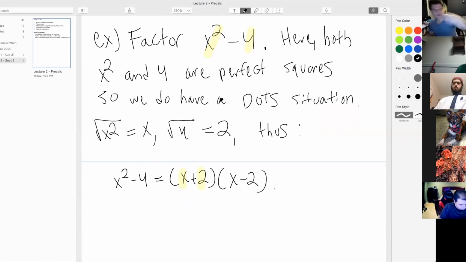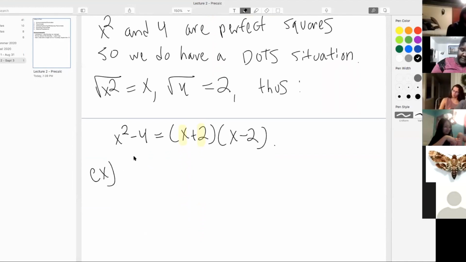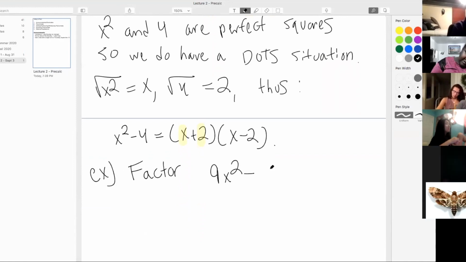Okay, next example. Factor 9x squared minus 25.